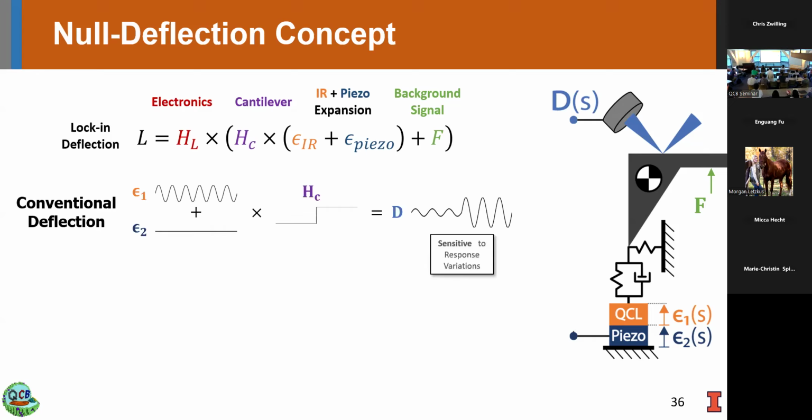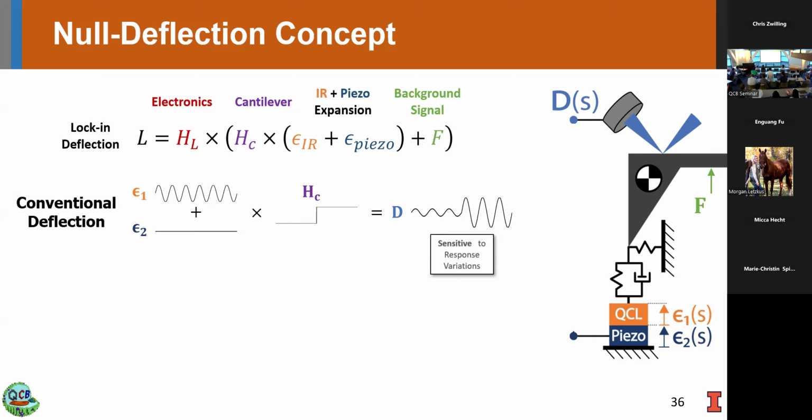To understand how NDR improves measurements, let's first consider the signals in conventional AFMIR deflection measurements shown in these plots. As you can see, the photo-induced heating produces a harmonic expansion signal, which is shown to the left as this sine wave. In this case, the piezo signal is drawn as 0, it's not on.